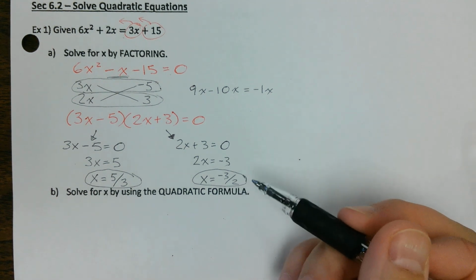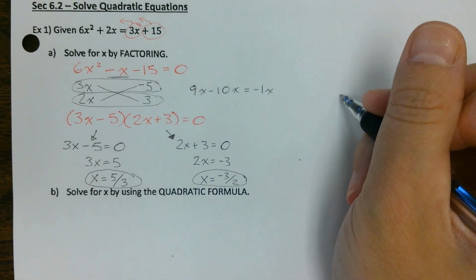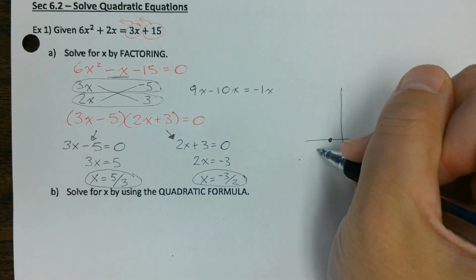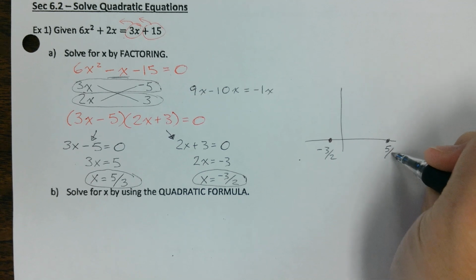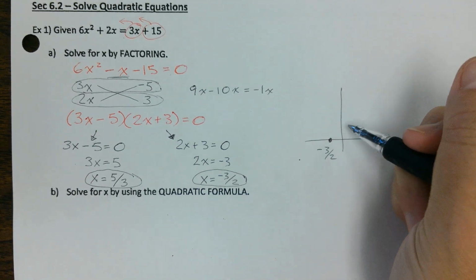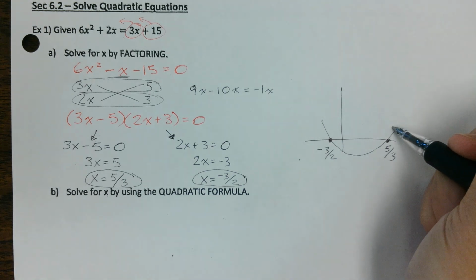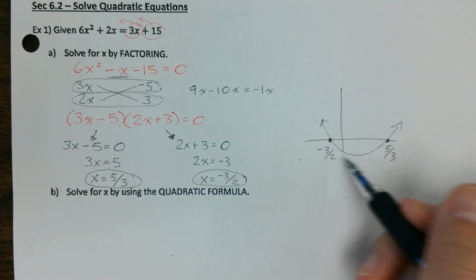So there we go. We found our x-intercepts. When we graph it, negative 3 over 2 and 5 over 3. So my parabola looks something like this. What we just found were the two x-intercepts.